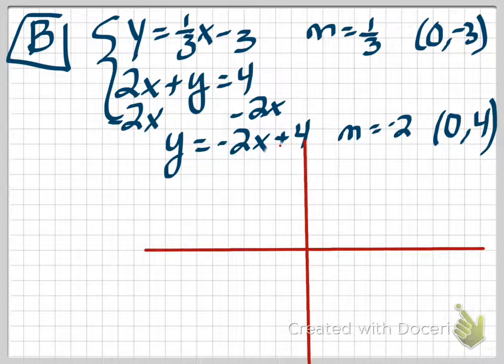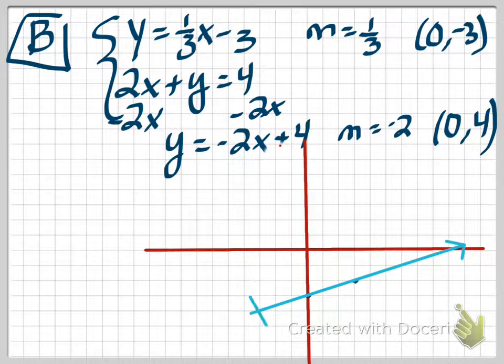Okay. So let's start with the first one, 0, -3. I'm going to start at 0 and go down 3. And my slope is 1/3, so I'm going to go up 1 over 3, 1, 2, 3. Let's graph that line. There, that's pretty good.